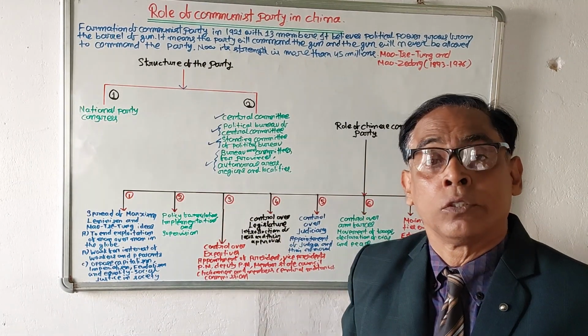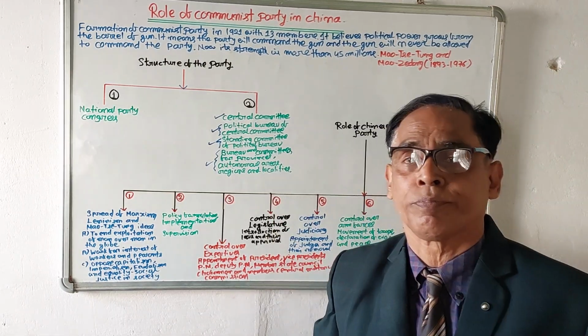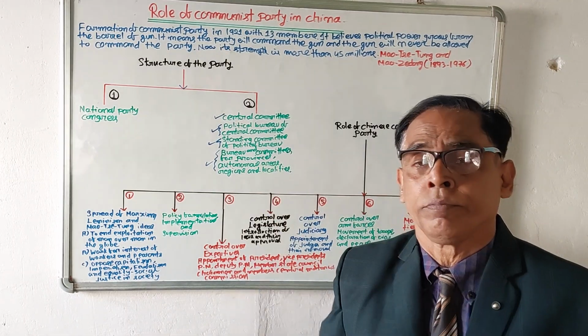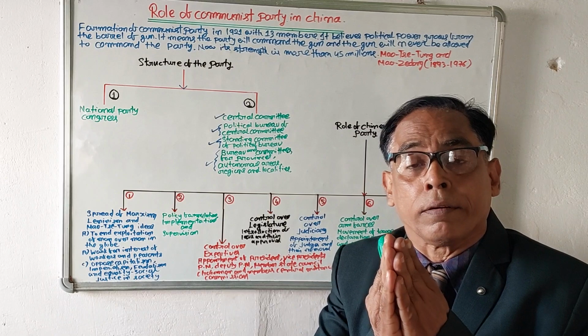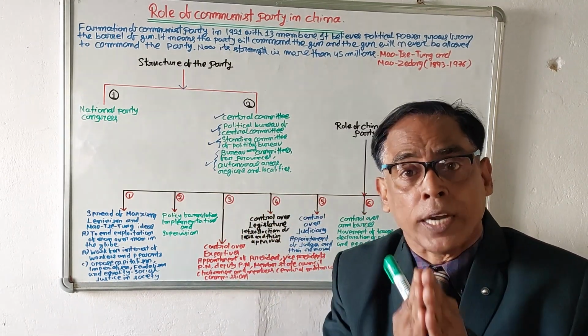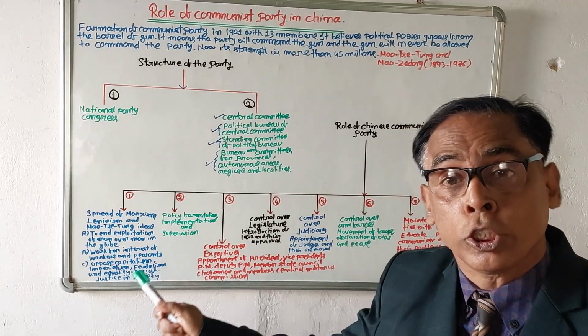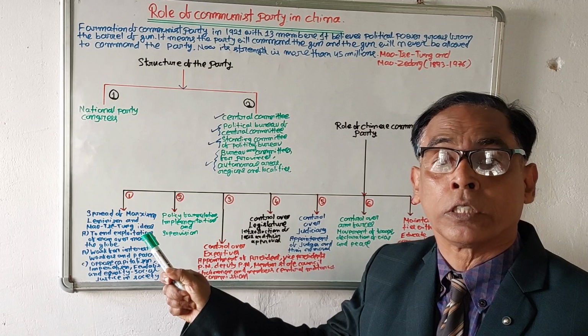It wants to work for the interest of common people like workers and peasants. It opposes capitalism, feudalism, and imperialism. It wants equality, not inequality. It wants social justice, not social injustice. This is the most important and formidable function of the Chinese Communist Party.